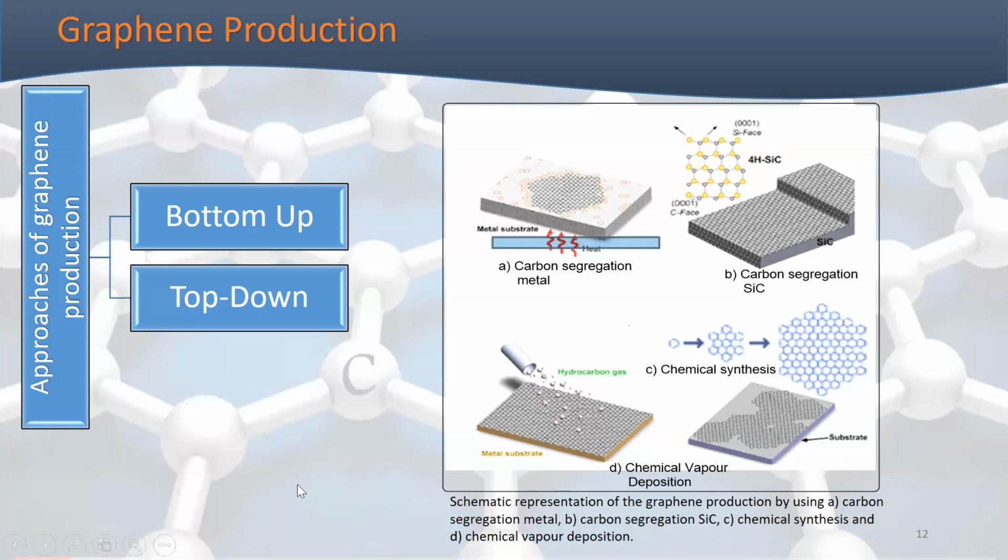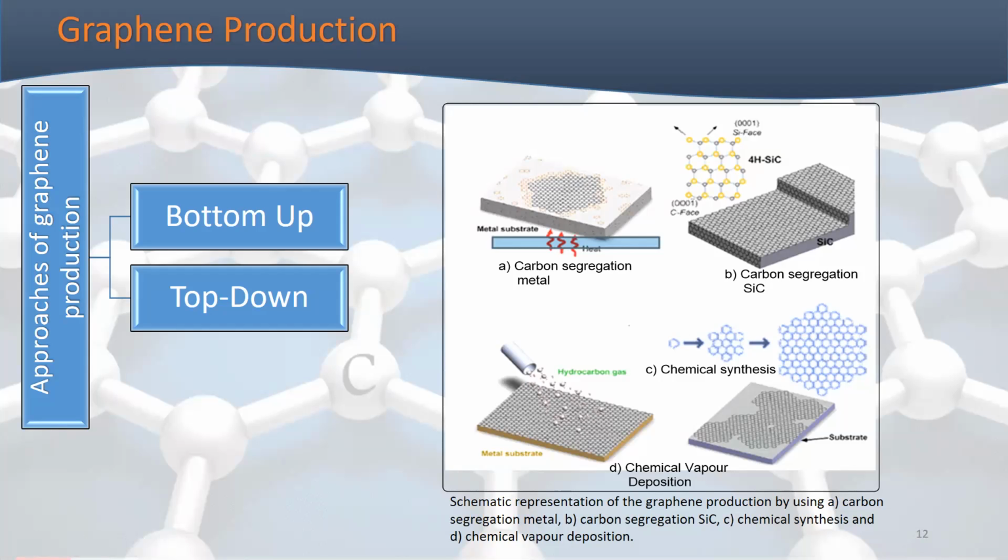Bottom-up and top-down are the two main methods of the synthesis of graphene. Bottom-up. In the bottom-up approach, which relies on atom-by-atom growth, chemical vapor deposition, CVD, has been applied to solve the problem of the low yield of graphene production in micromechanical cleavage.